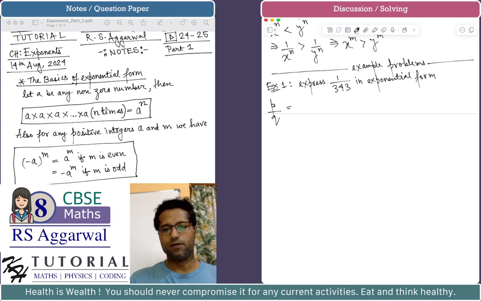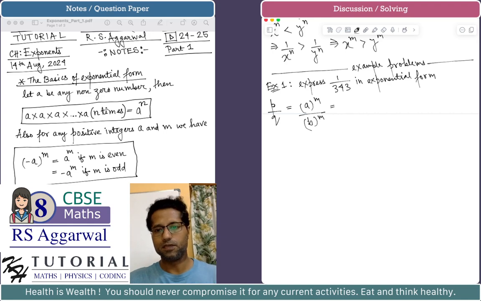You have to convert p as some number a raised to the power m, and q also as some number b raised to the same power m. Then the exponential form of p by q will be a by b raised to the power m.